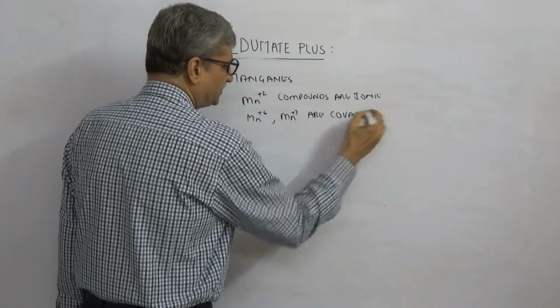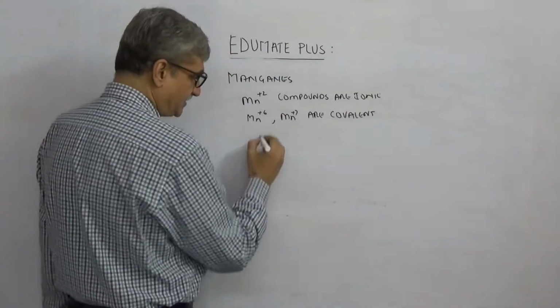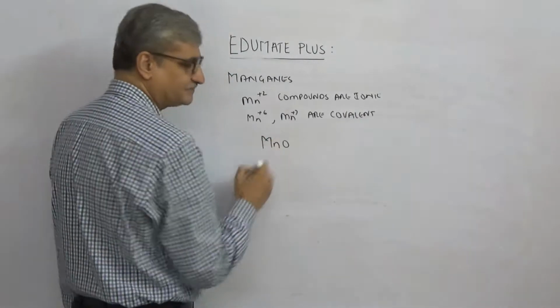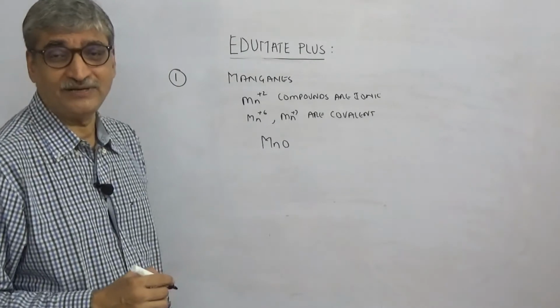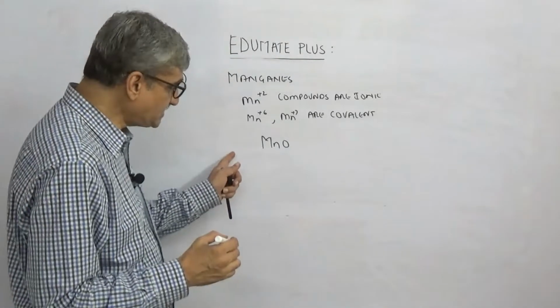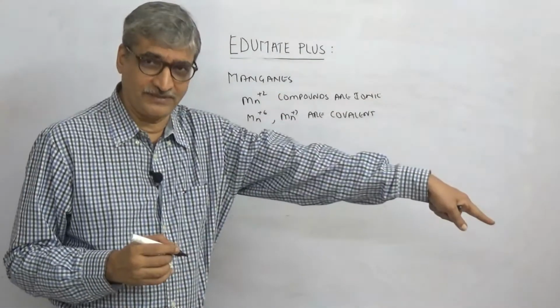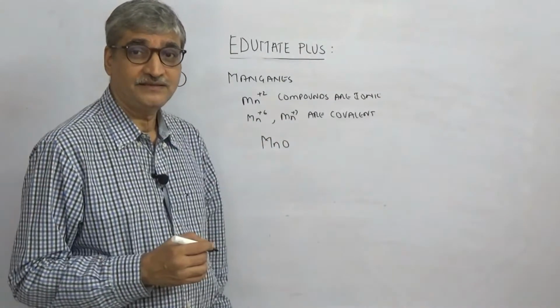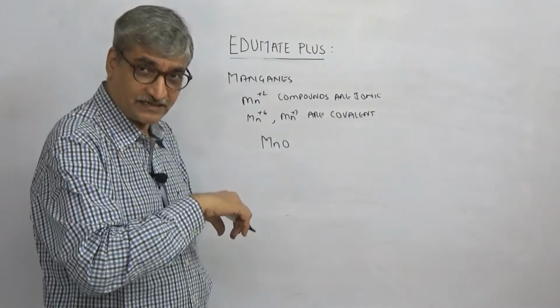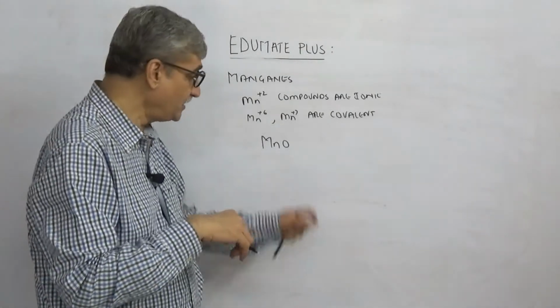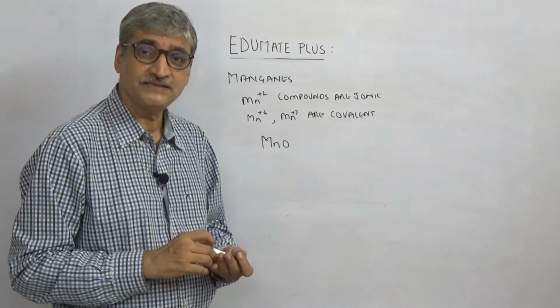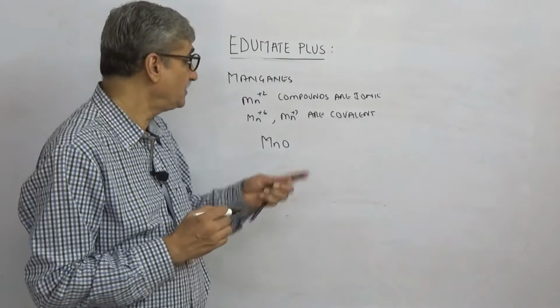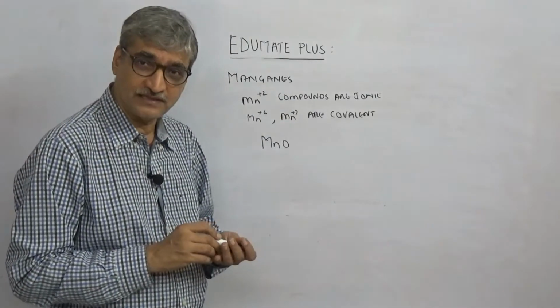What was the question which was asked? MnO was asked, so which is an ionic compound? You come across MnO in the reaction of KMnO4. Is this point clear? They have picked the question from there. Reaction of KMnO4 forms MnO, and the question is MnO is what? Ionic. Is this point clear?